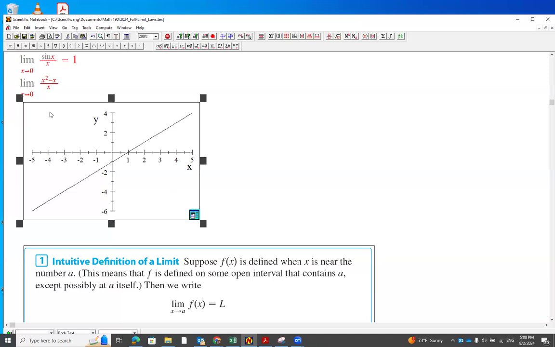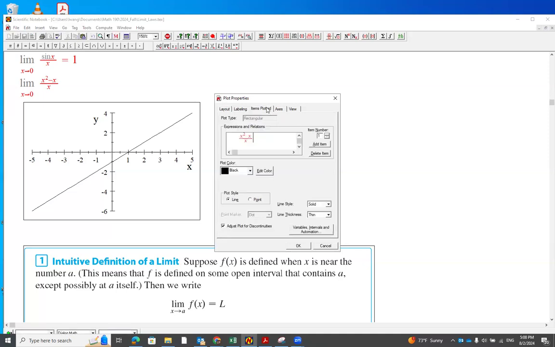But this time, once x is approaching 0, you can see this function is not defined at 0. x is a denominator, so it's not defined at 0.